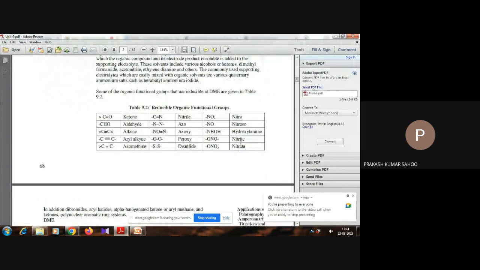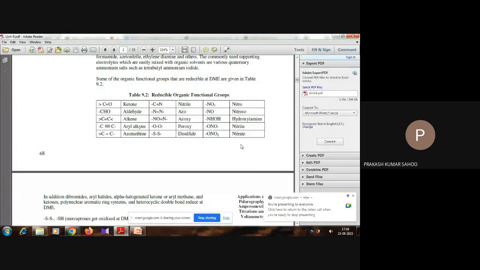So we have some reducible organic functional groups, such as the ketone, that is C double bond O, aldehyde CHO, alkene C double bond C, alkyne triple bond C, and azomethine. We have C double bond N again.